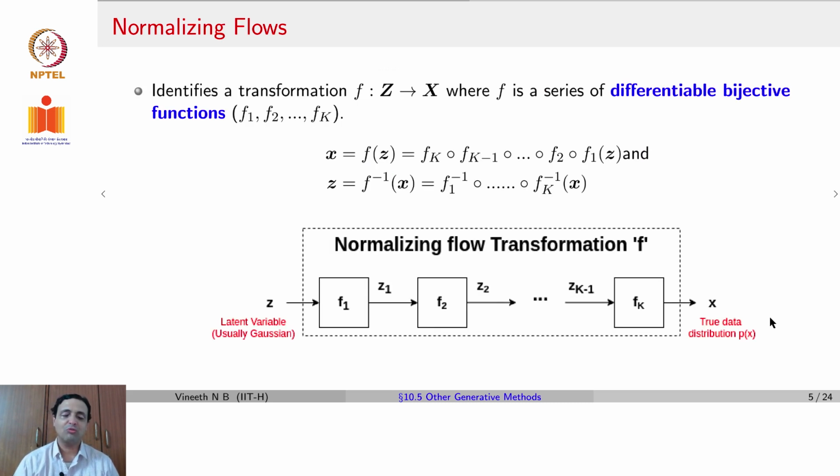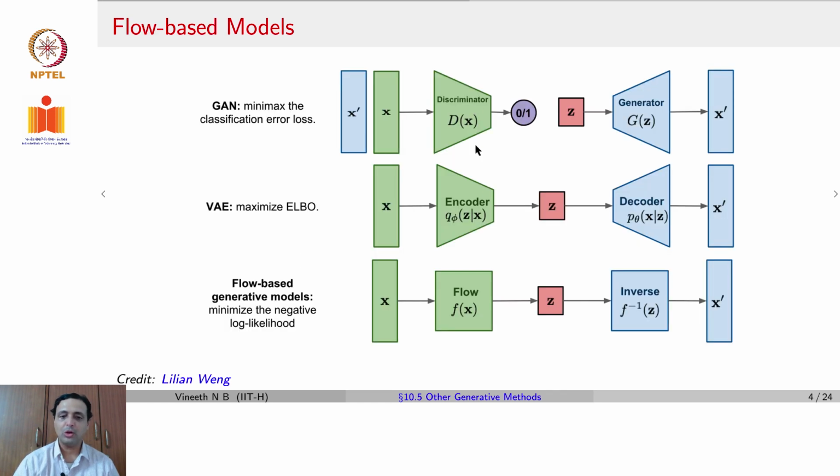So in the first class of methods, normalizing flows, the main goal here is to identify a transformation f which takes you from z to x. If you recall, z is once again the latent, very similar to VAE.